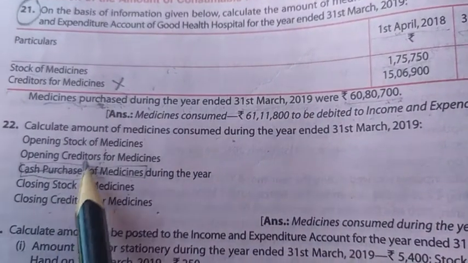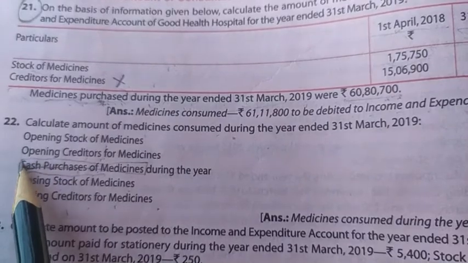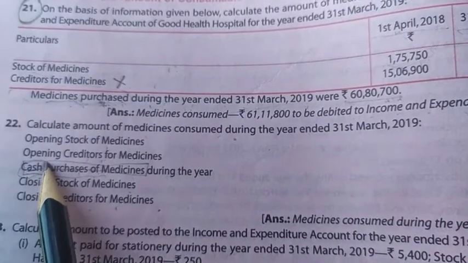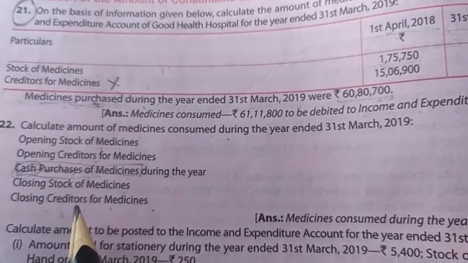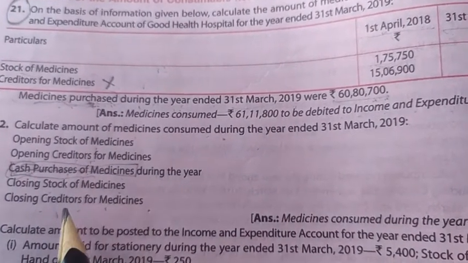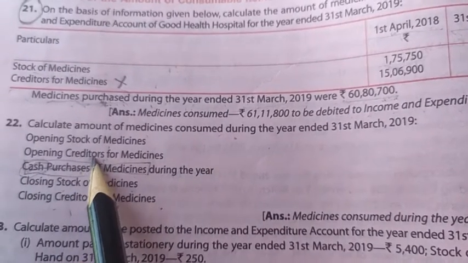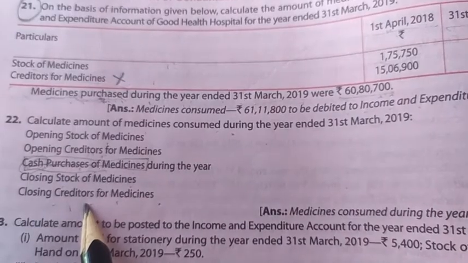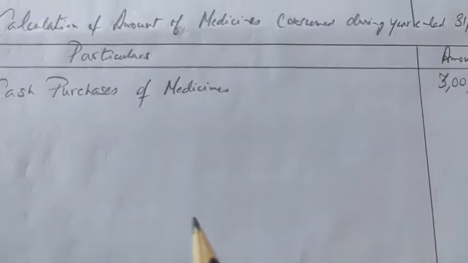We have to consider the opening and closing creditors because the purchase of medicines provided to us is cash. That means we have no information about the creditors. How much of medicines we have purchased on credit. So that will be adjusted only when we consider this opening creditors and closing creditors. So here we'll take cash purchase of medicines as already taken here.